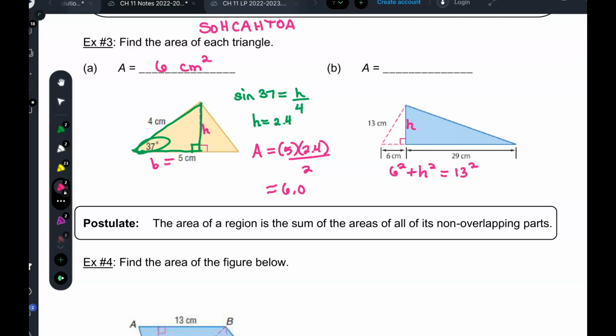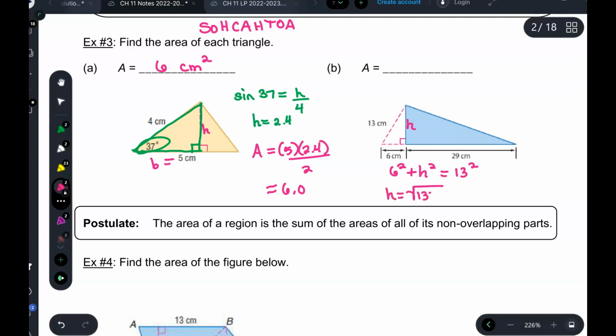So I get h squared equals 133. I'm not going to bother reducing or simplifying that. It doesn't simplify. Leave it like that.